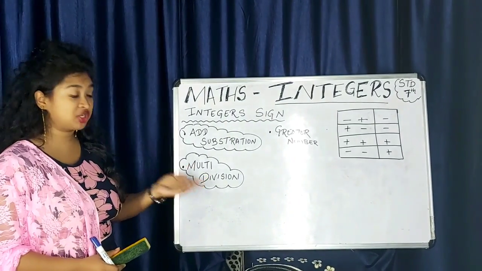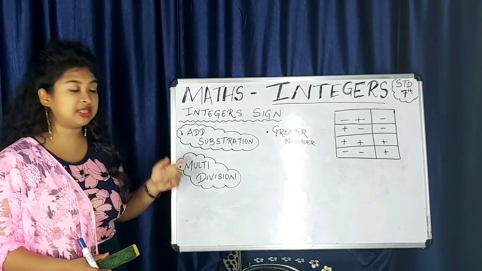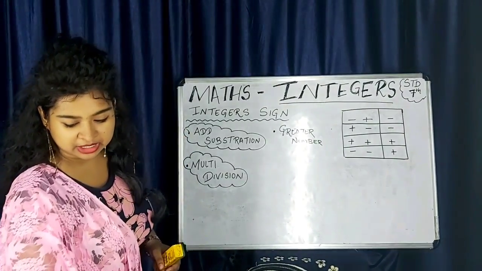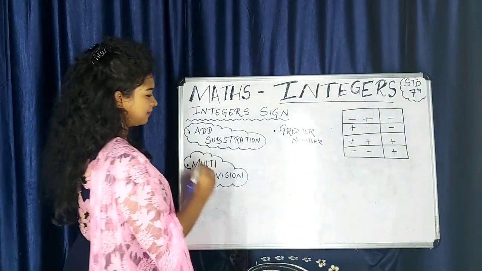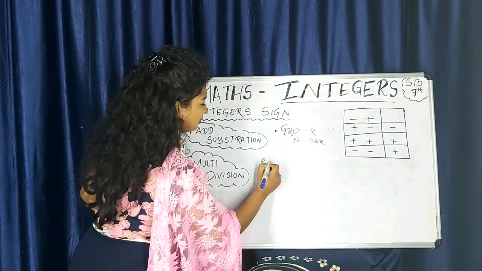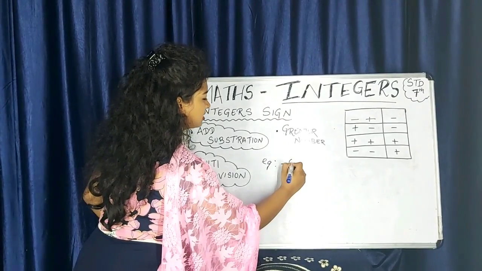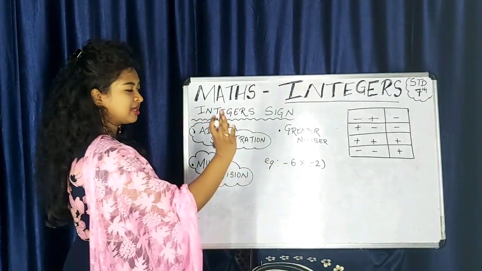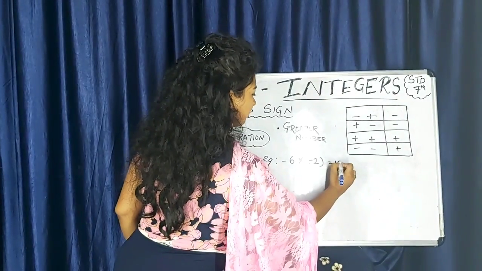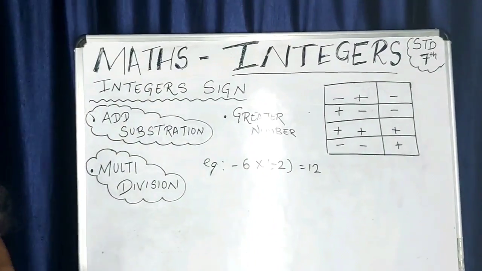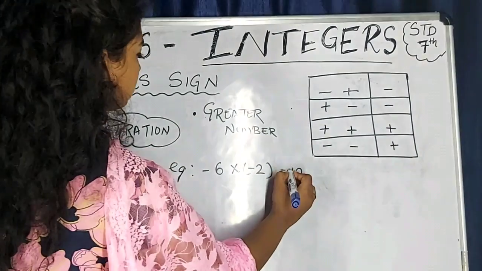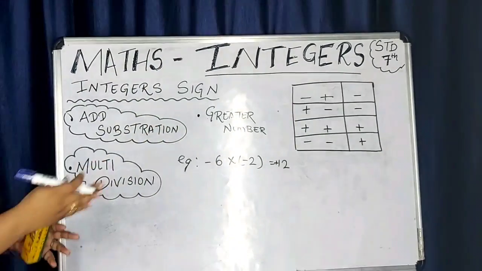Secondly, we come to multiplication and division. Even if multiplication has signs like this, for example, take minus 6 into minus 2. Minus minus will be plus. It will not be the way it happens in addition and subtraction.